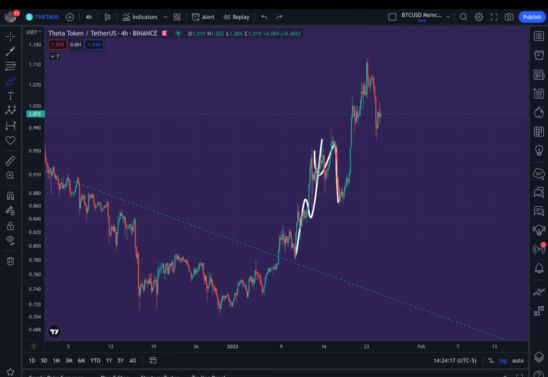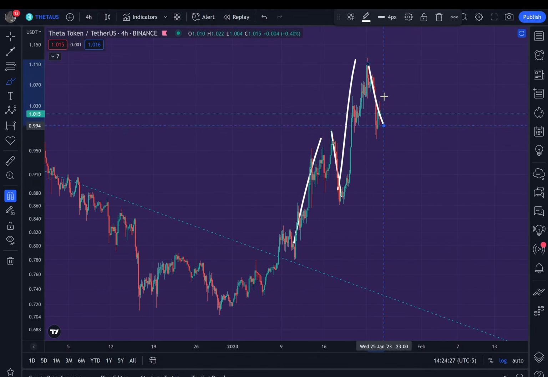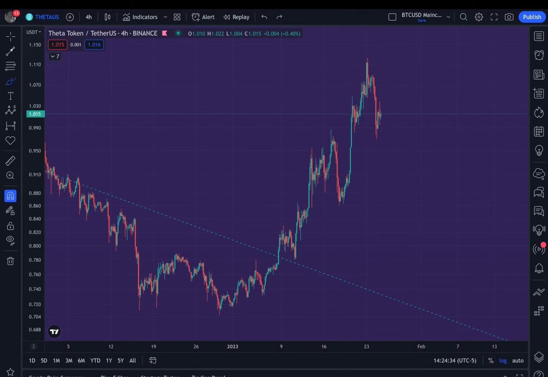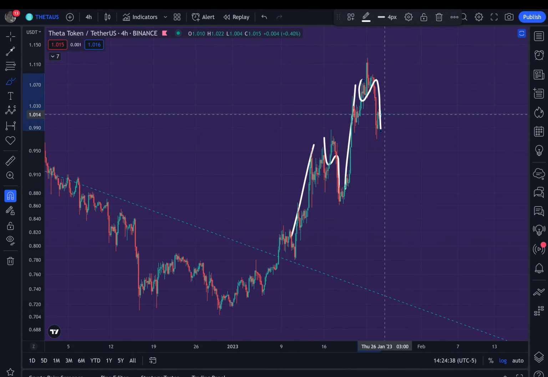Does that make sense? So really, somebody who doesn't understand Elliott waves is going to count this as 1, 2, 3, 4, 5, or something like that. Do you understand? But if you're used to counting trends, you'll know this is wave 1, this is wave 2, this is wave 1, this is wave 2.